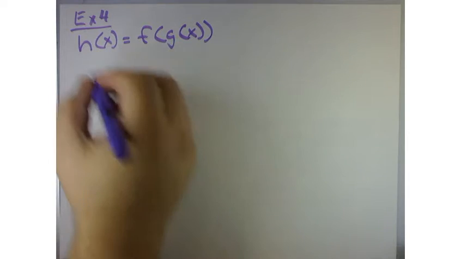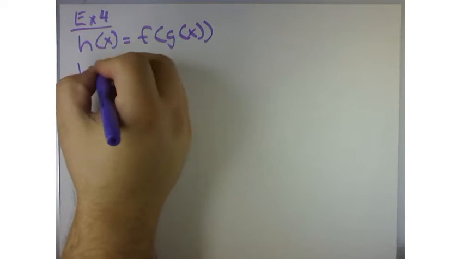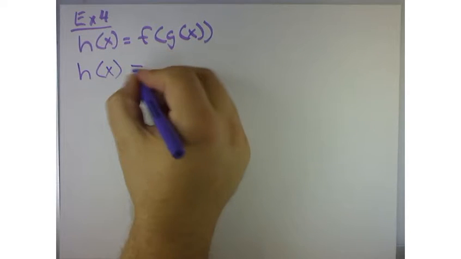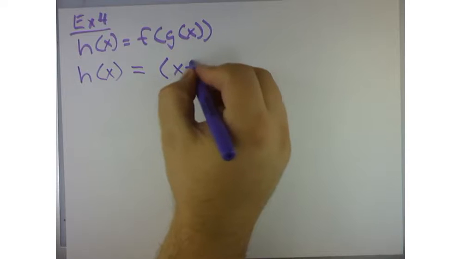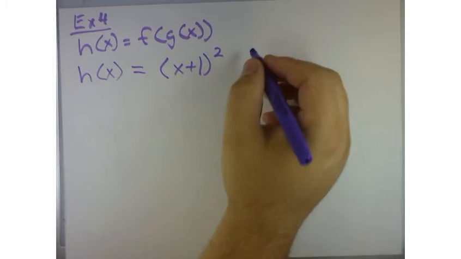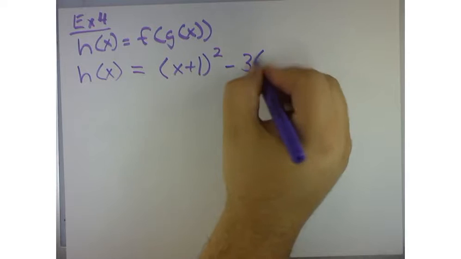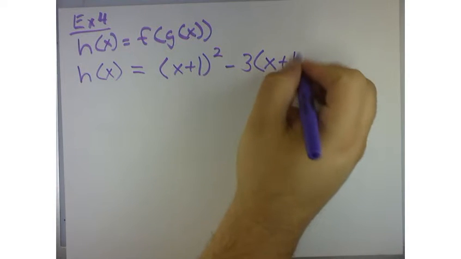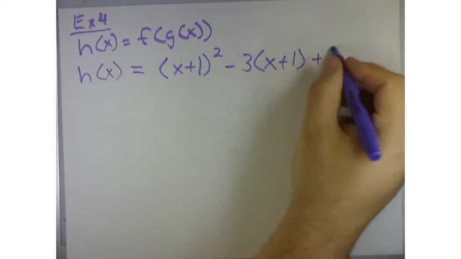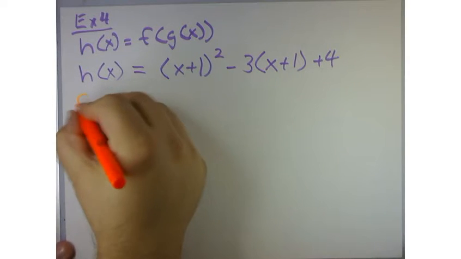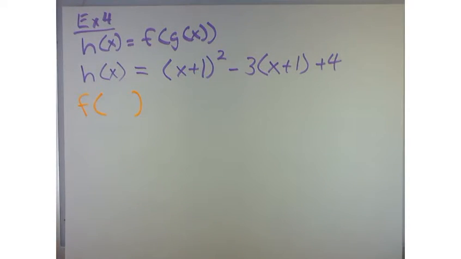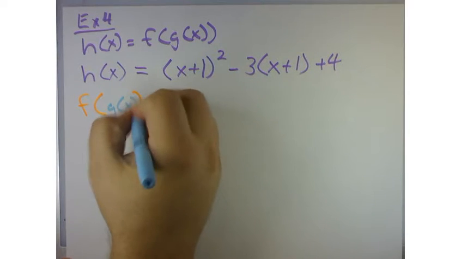And so they gave us a couple of examples, but our first example is f of x is equal to x plus 1 squared minus 3 times x plus 1 plus 4. Okay? So we have to figure out, this is a function of f of g of x. Okay?